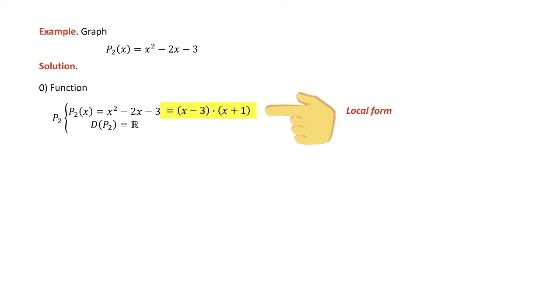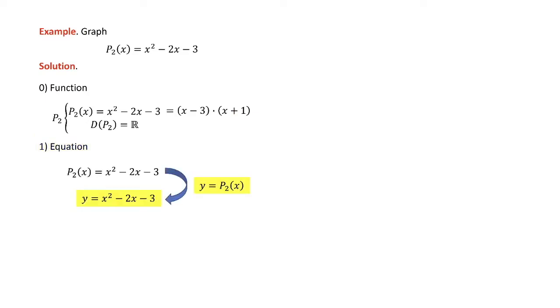Now in this case, it's a quadratic. It does factor fairly easily. I could use the quadratic formula. In general, this is going to be a very difficult step. So I'm just going to caution you. Now I want to write it as an equation in the usual way. So y equals the function f of x, or in this case p2 of x.